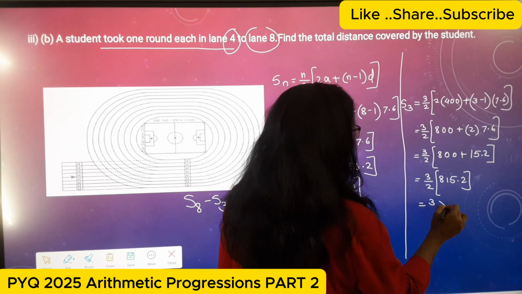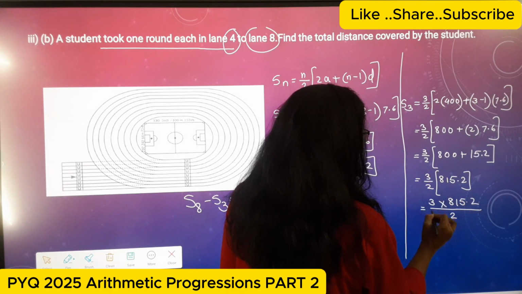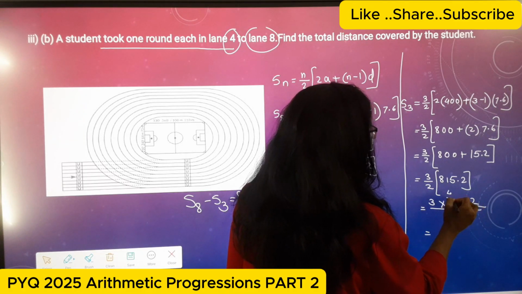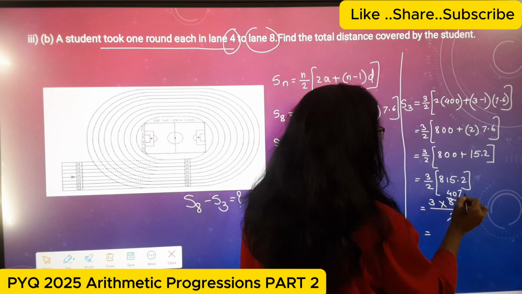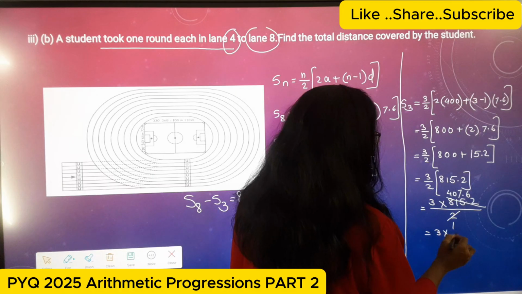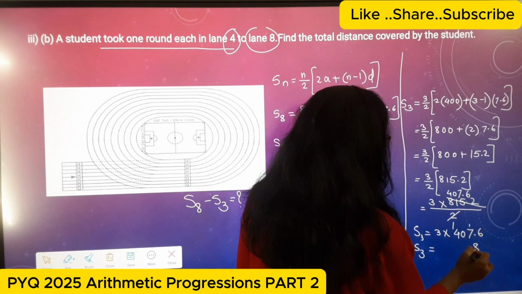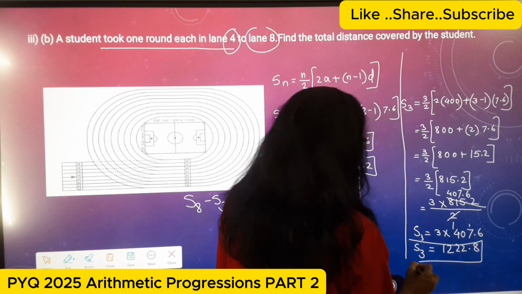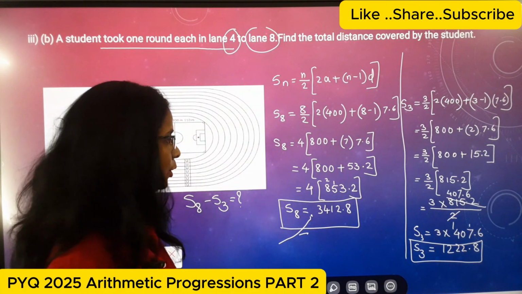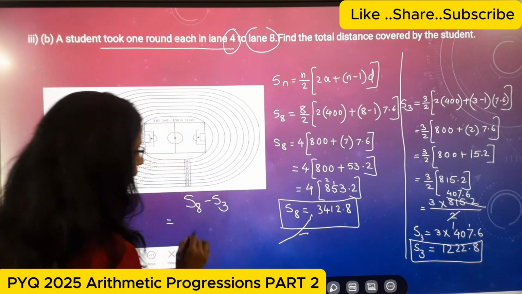That means 3 multiply 815.2 divided by 2, which is 3 multiply 407.6. So S3 is equal to 1222.8.